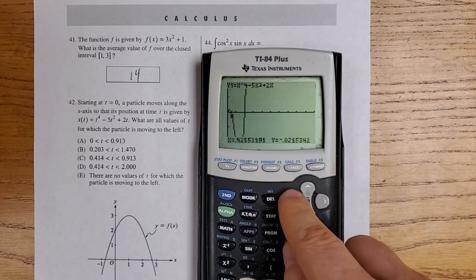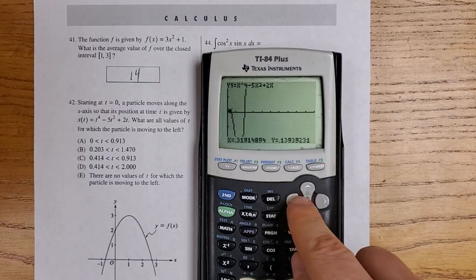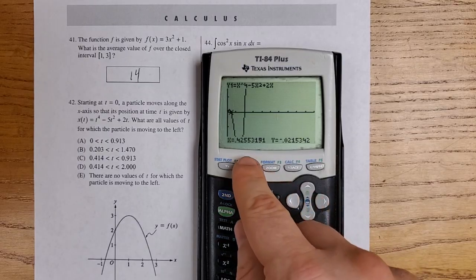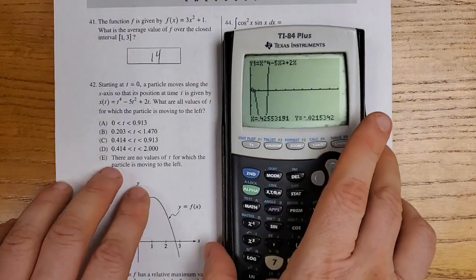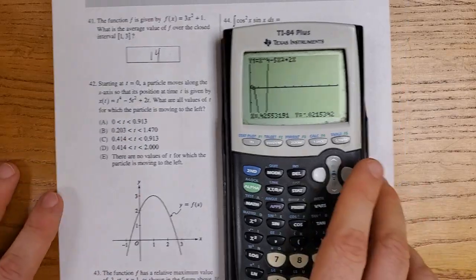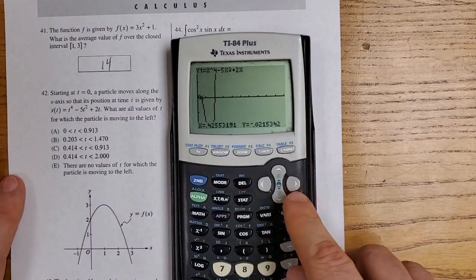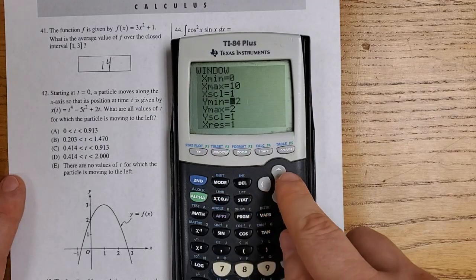We can see about as close as we can get to the x-axis is somewhere around 0.42. So in terms of the choices we're given, it's probably the 0.414 thereabouts. And then, let me change the window again.